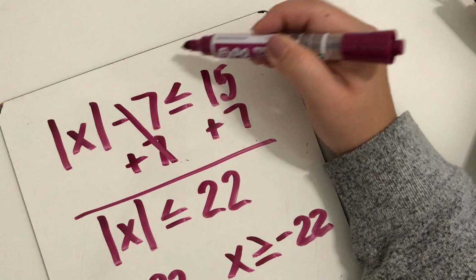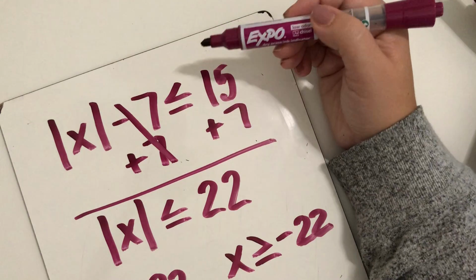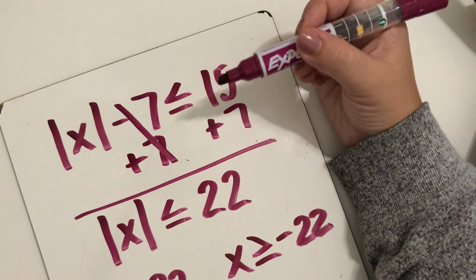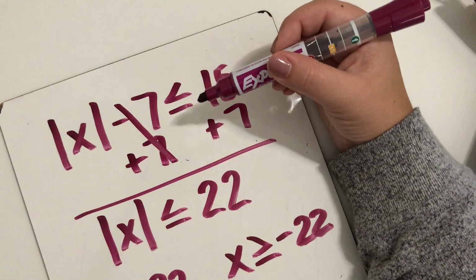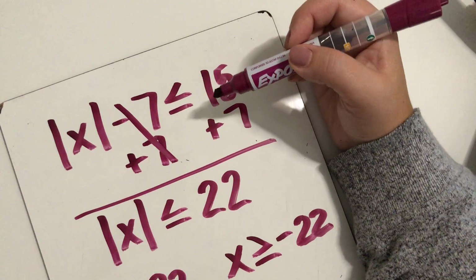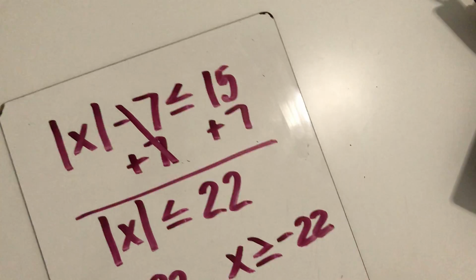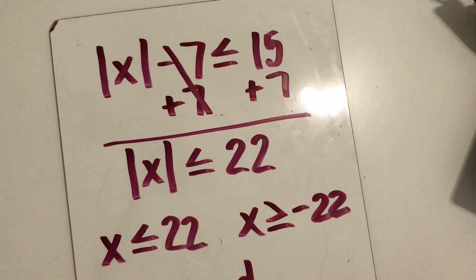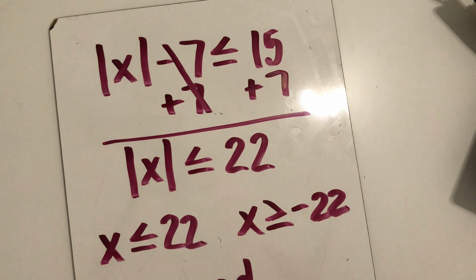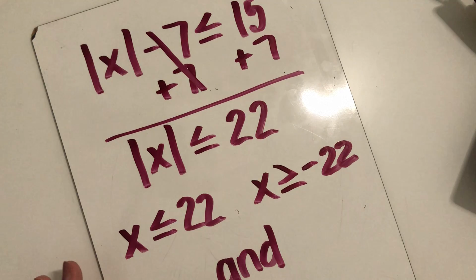If you start with a less than or equal to, you're going to be dealing with an and compound inequality. If you start with a greater than or equal to, you're going to end with an or compound inequality. It's just a side note or shortcut for knowing which one it is, okay?